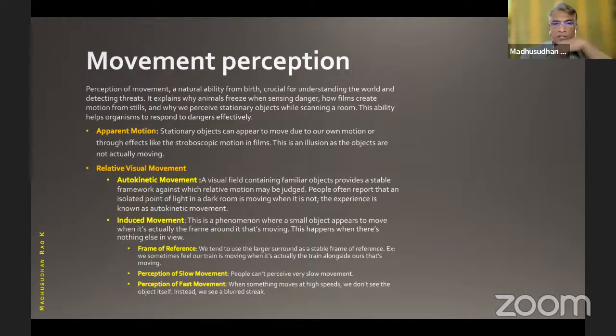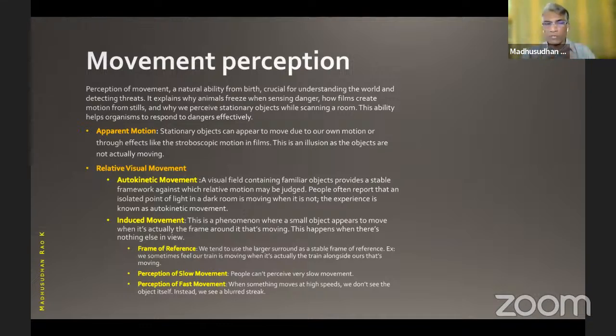Similarly, frame of reference: we tend to use a large surround as a stable frame of reference. Example, we sometimes feel our train is moving when it is actually the train alongside ours that is moving. We are sitting in a train which is not moving. We see the other train as stable, but we are moving.